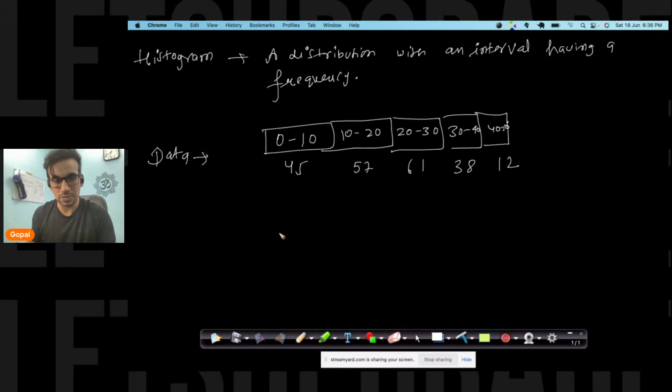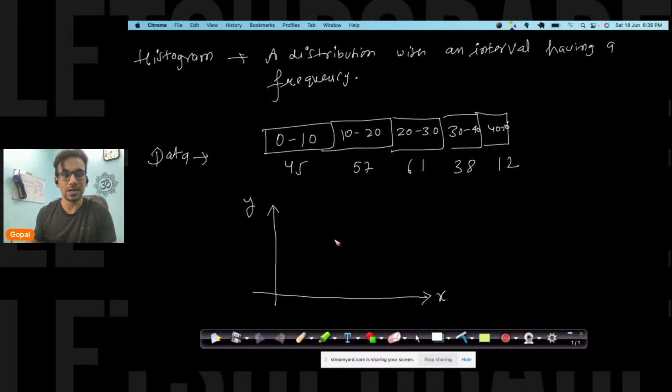You can go with a simple x and y plane here, and then segregate the entire x axis on these values: first a 0 point, and then 10, 20, 30, 40, and 50. This is your frequency value, and this is your interval here.